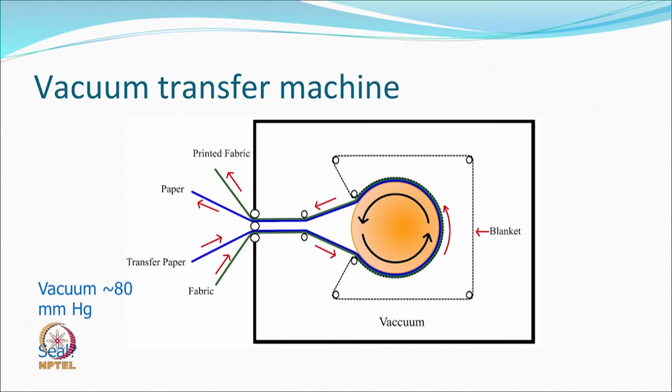This itself is in some sense a more complex technology, because if something is entering and you put too much pressure, then you have a problem of either the paper tearing or the fabric getting compressed. But if you do not do that, then you cannot maintain vacuum. There are very few continuous processes you may have seen where the process happens under vacuum.